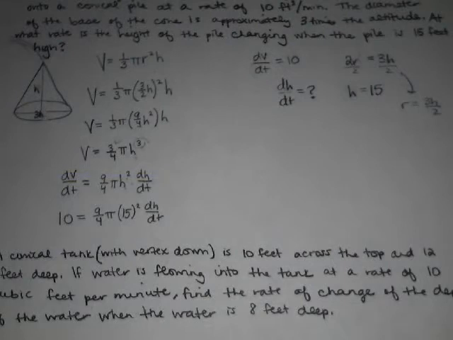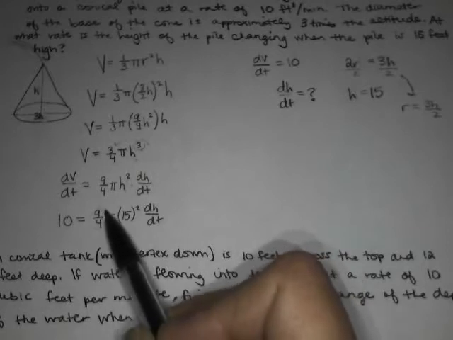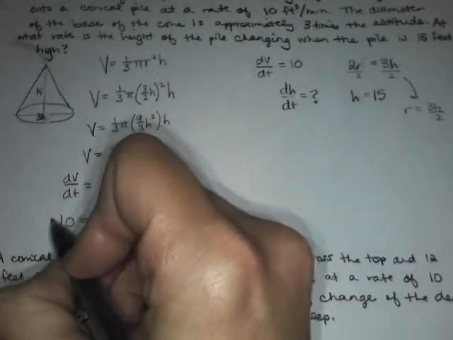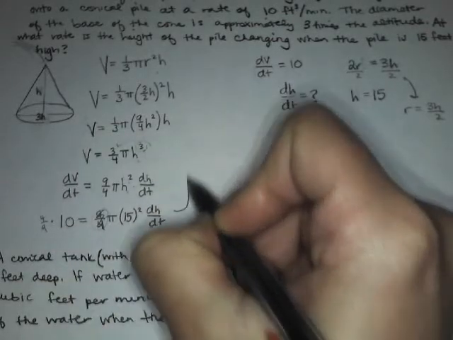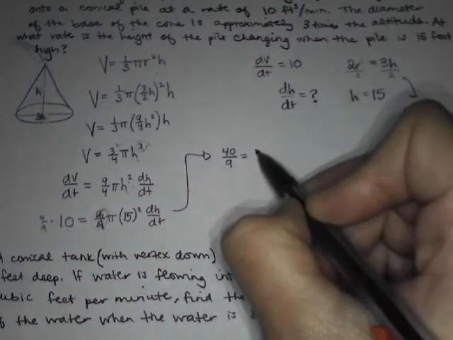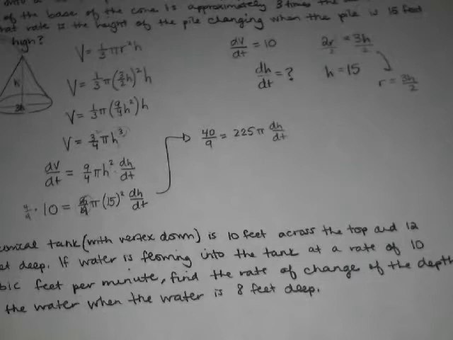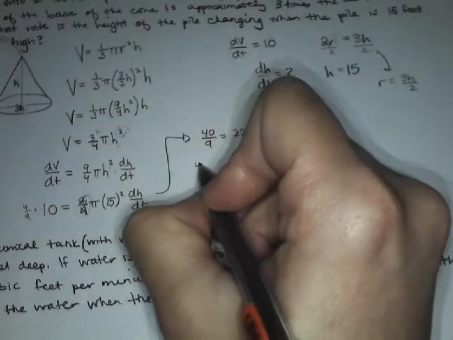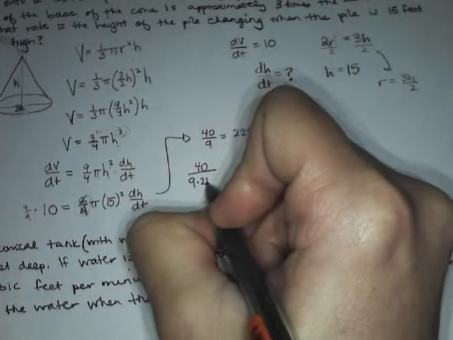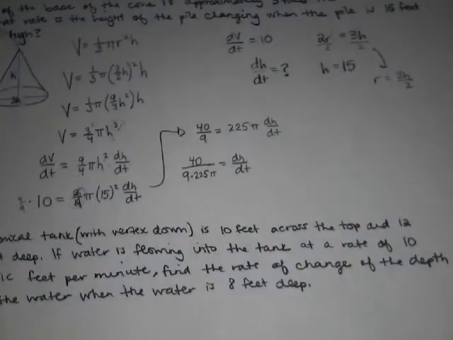And then from here we just have to simplify. So I would first probably multiply by the reciprocal here. Multiply by 4/9 on both sides. That's going to make 40/9 equals 225 pi dH/dt. And then when I divide both sides by 225 pi, that 225 pi goes in the denominator.